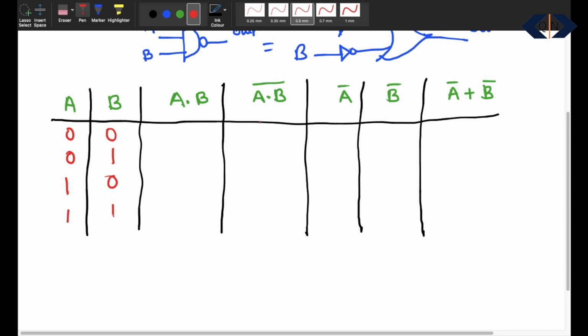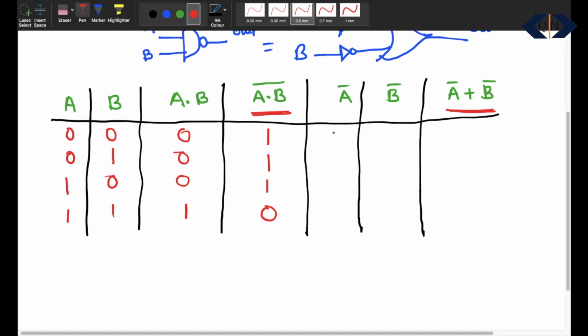We have to check whether this is equal to this or not. If this is equal to this, then De Morgan's first law holds true. First we will perform the AND operation. 0 into 0 is 0, 0 into 1 is 0, 1 into 0 is 0, 1 into 1 is 1. Now we apply NOT over here, so it is 1, 1, 1 and 0. Now this is A not.